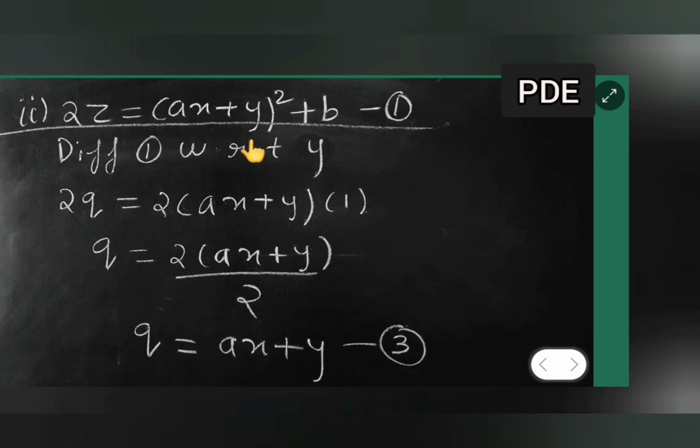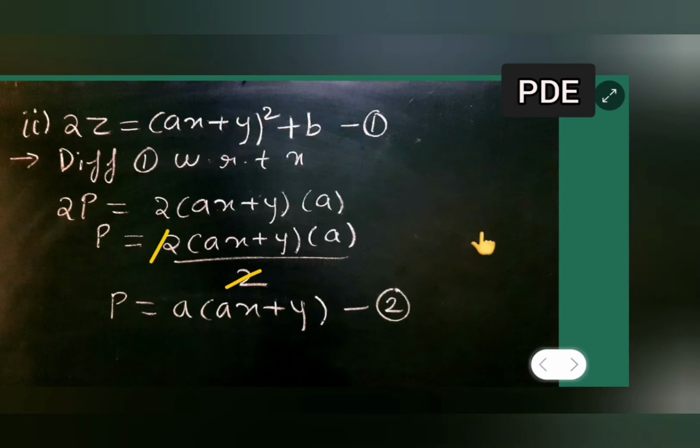If I differentiate with respect to y, I will get 1, so 2(ax plus y) will remain. This 2, bring it down. Sorry, this 2 is going to get cancelled, not this. And what you are going to get is q is equal to, write down whatever is remaining, (ax plus y). Take this as equation 3.